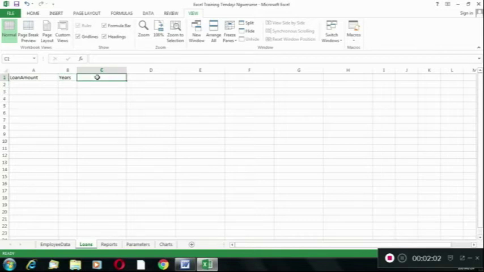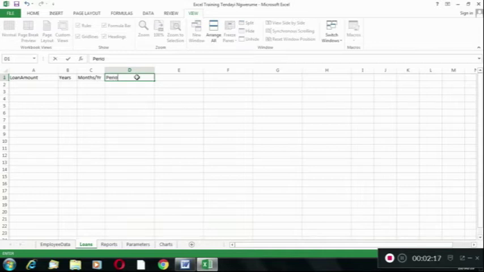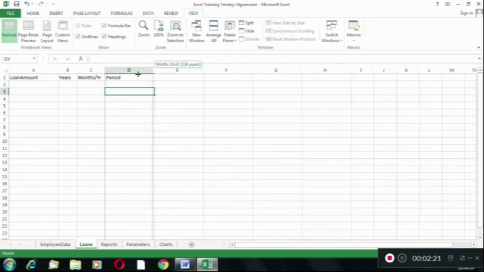And then next one, we want months per year. In other words, how many months are in each year. And then D gives us the period, meaning the total number of months over which we are going to be paying.